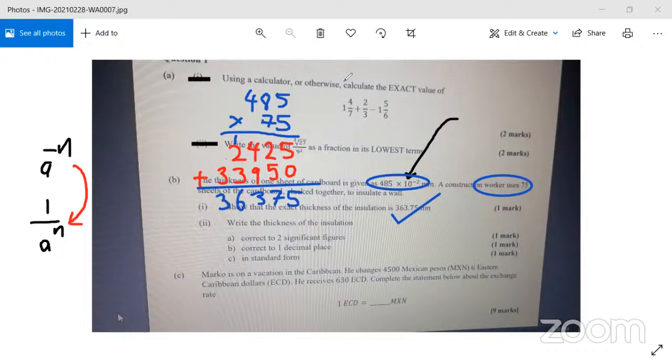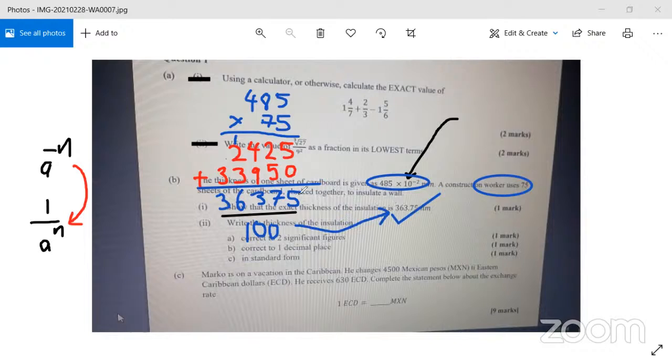So this number will be divided by 100, resulting in 363.75 millimeters.